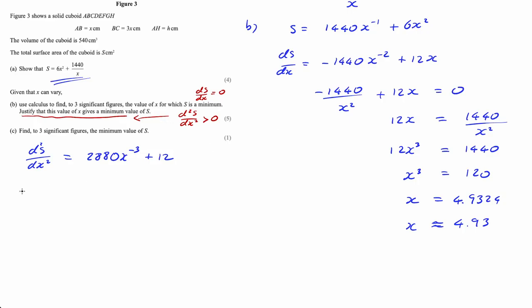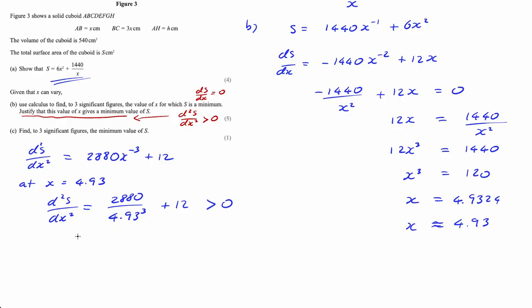And then at x equal 4.93, d2s dx squared equals 2880 over 4.93 cubed, because x to the minus 3 is divided by x cubed, plus 12. Now, I don't even need to evaluate that, guys, because this is definitely greater than 0, because that's positive, and that's positive. So this is greater than 0.